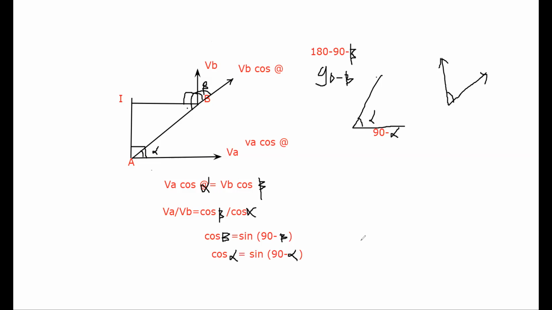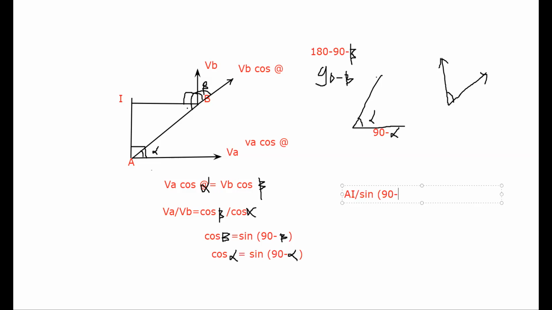So I can write AI divided by, the same thing whatever we have taken here, sine 90 minus beta.